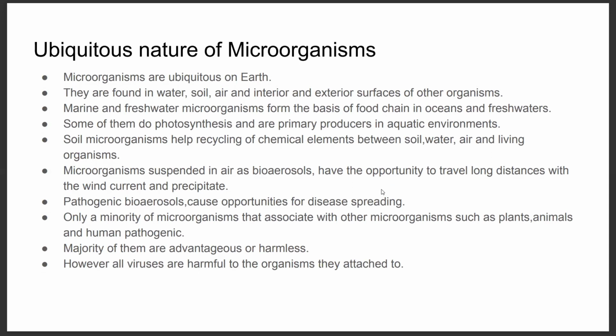But if we take this microorganism, right, they can live in any habitat. Water, soil, air, interior and exterior surfaces of other organisms, right? Now, for example, if we take a human, microorganisms can grow on the skin of the human as well as inside the body. That is the meaning of interior and exterior surfaces of other organisms.